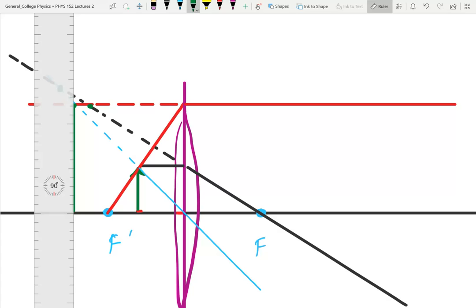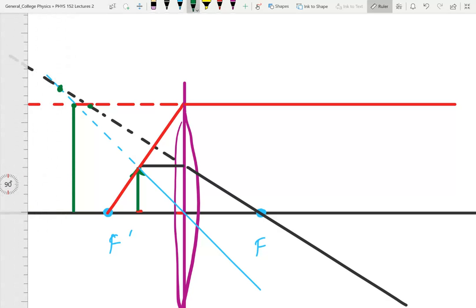So let's say 12.1. Once again, divided by 5 because I use that same scale. So 12.1 divided by 5 is going to be 2.42, but we only have 2 decimal places. Centimeters is the height of my image.